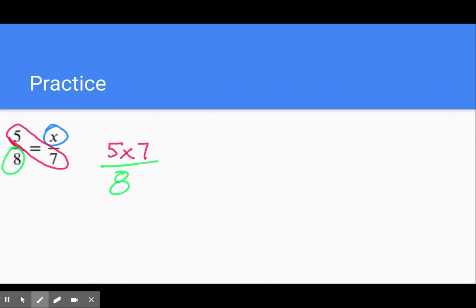So 5 times 7 is going to give you 35. And then 35 divided by 8 is going to give you 4.375. And that would be your equal fraction. And I think I've done that correctly.